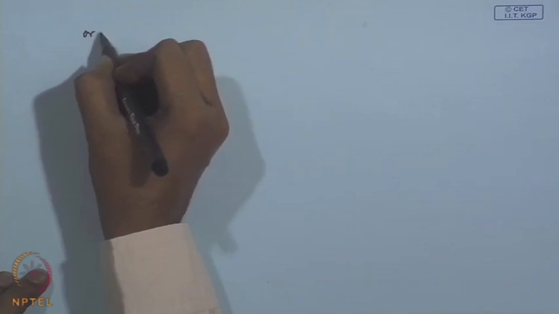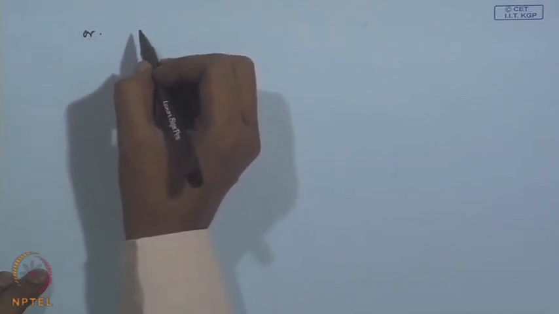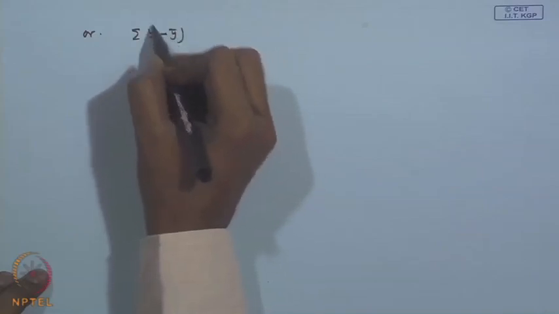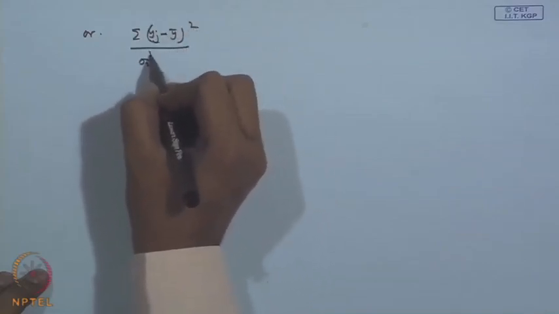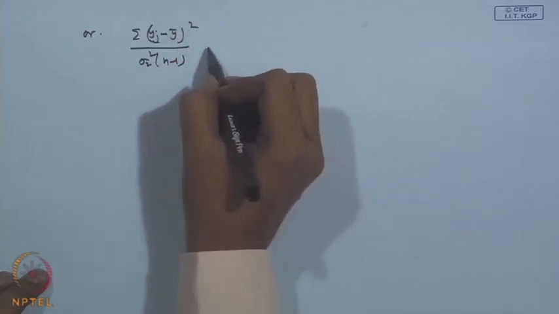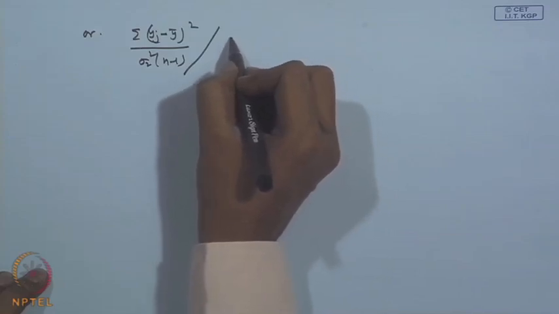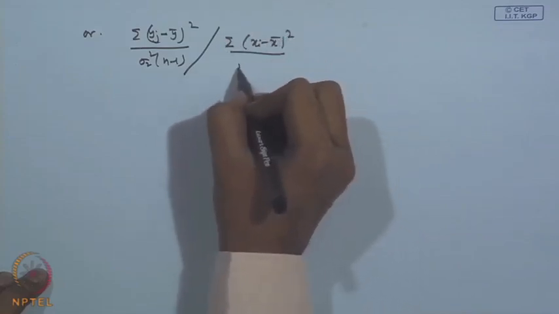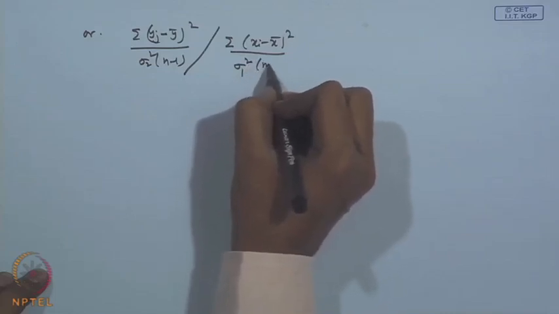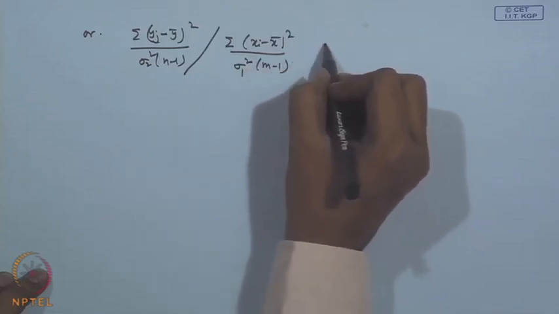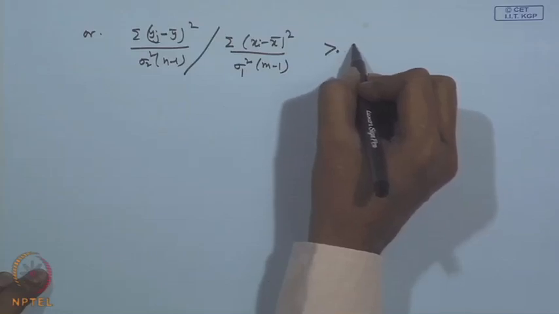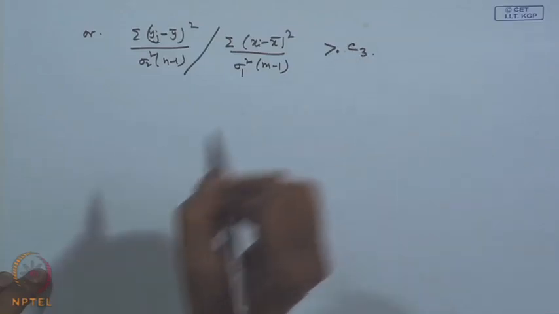or we can write it in terms of sigma (y_j minus y bar) square divided by sigma 2 square times (n minus 1), divided by sigma (x_i minus x bar) whole square divided by sigma 1 square times (m minus 1), that is greater than say some C 3.